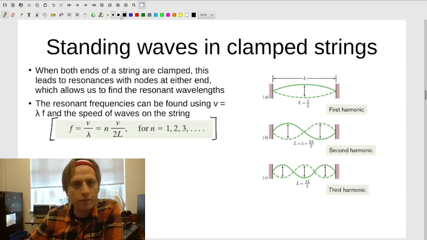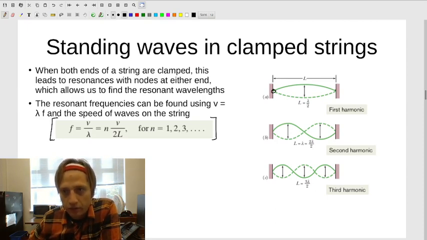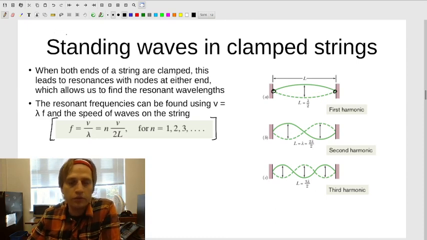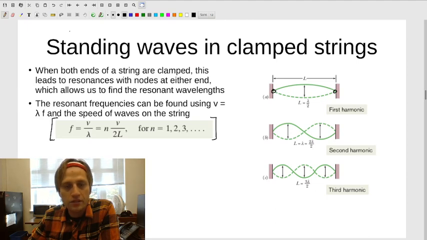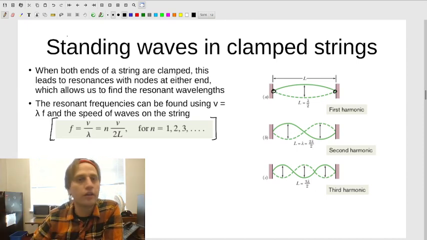We're going to draw it for the case where we have clamped strings on both sides like a guitar, and the case where we have openings on both ends, like in a flute, for instance, where you're blowing over an open end and then there's an open end on the other side.